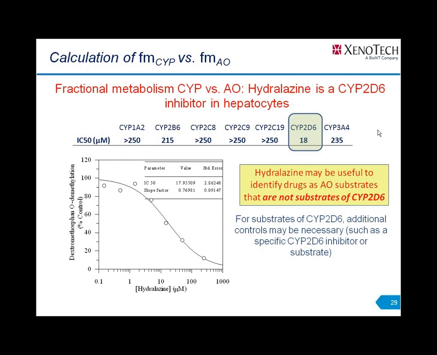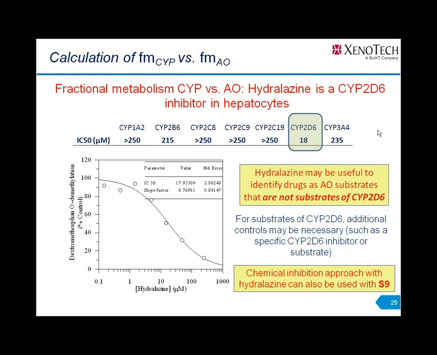So if your drug is not metabolized by CYP2D6, go ahead and use hydralazine to determine the AO contribution if you suspect AO is involved in its metabolism. If your drug is also a substrate for CYP2D6, some additional controls will probably be necessary in order to tease out exactly the contribution for AO, such as using a specific 2D6 inhibitor and an additional CYP2D6 substrate.